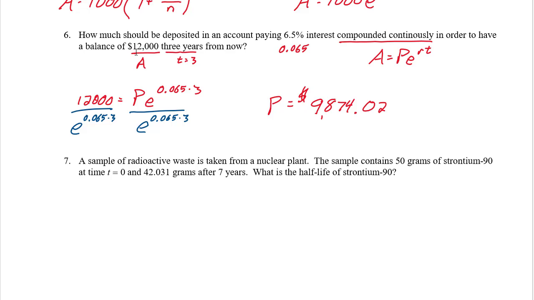Or if I would have got something that was super tiny, since 3 years is not really a lot of time, if I got an answer like in the 1,000 range, that would be another red flag of maybe I forgot to convert my percent to a decimal for that particular problem. But this one seems reasonable, having 9,000 turn into 12,000 within 3 years, especially compounding continuously at a fairly high interest rate, seems at least reasonable.